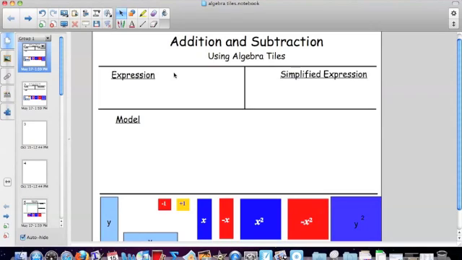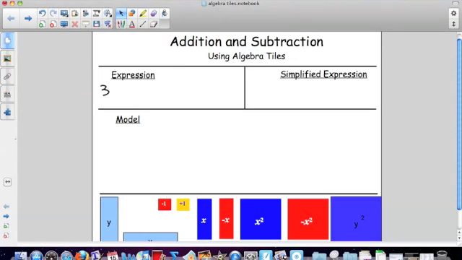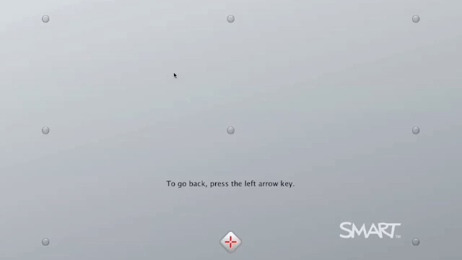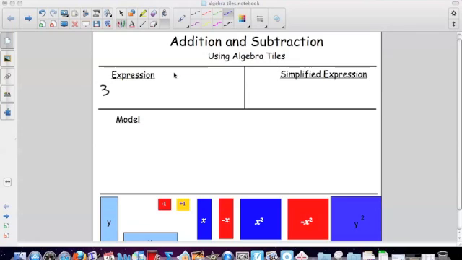So this is just to give you a visual representation. So let's start off with the first example. Unit 3 was a big review of the basic concepts behind the algebra tiles.